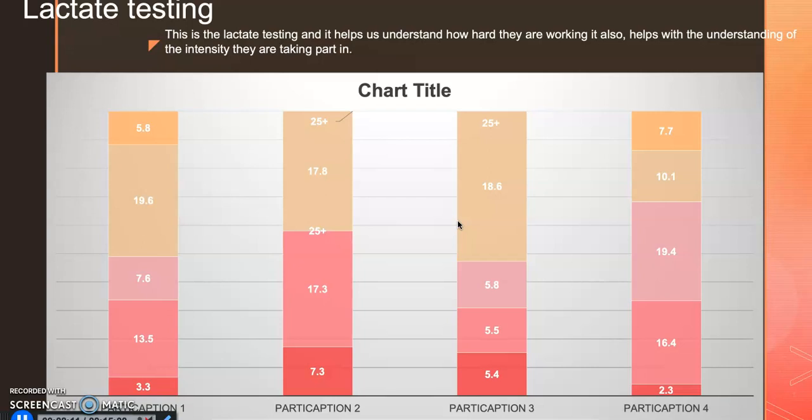But the higher the lactate is, the more intense it was and how they played. And obviously the lower, so your 3.3, is less intense. That shows that when we started, they weren't working hard, they weren't stressed, their heart wasn't working overtime, it was just sat at a normal rate.